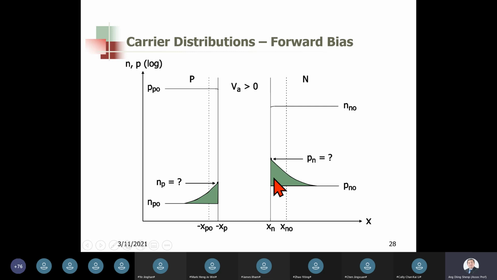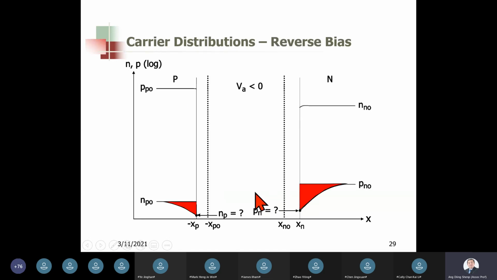Now, what is this green region here? This green region simply denotes the presence of excess holes inside the quasi-neutral N region under forward bias condition. Similarly here, it denotes the presence of excess electrons in the quasi-neutral P region under forward bias condition.